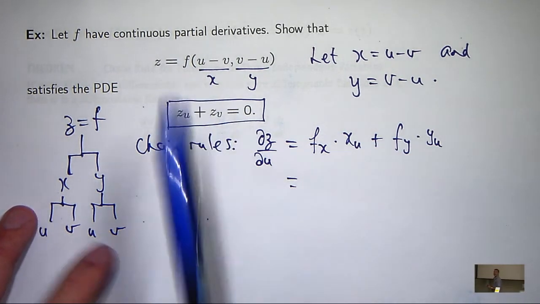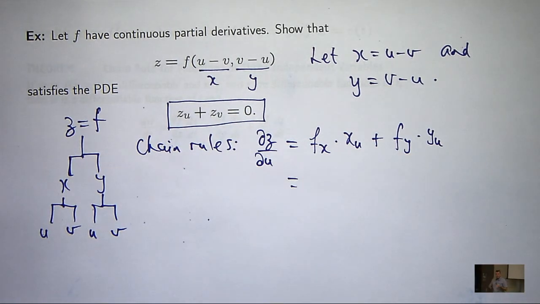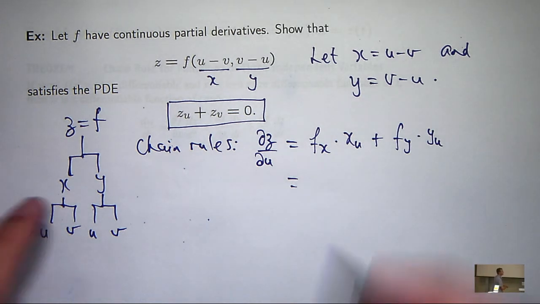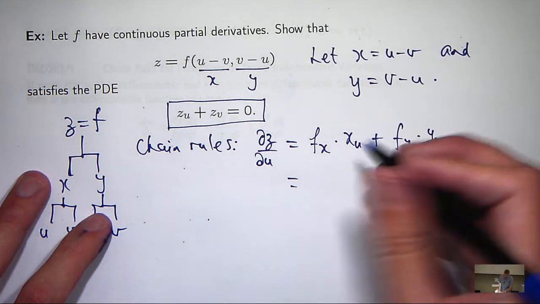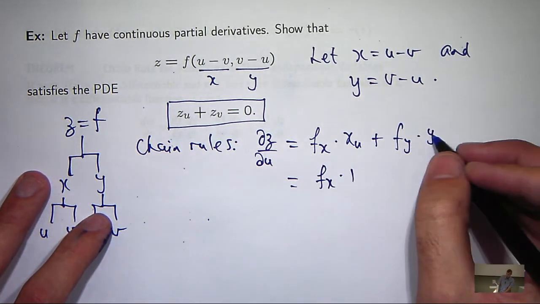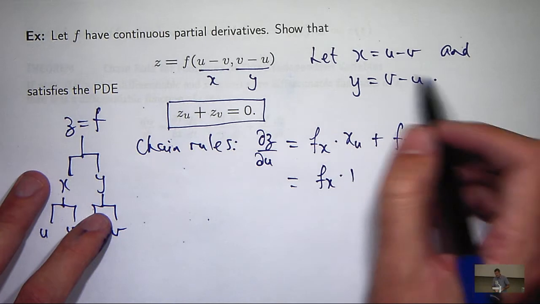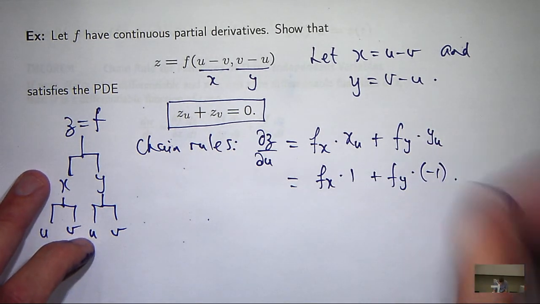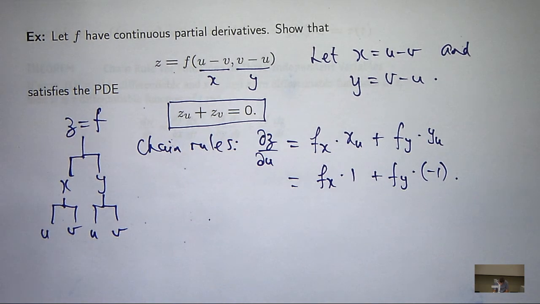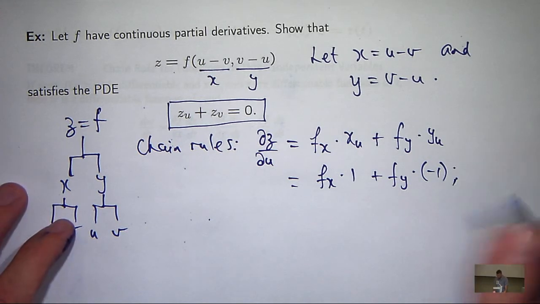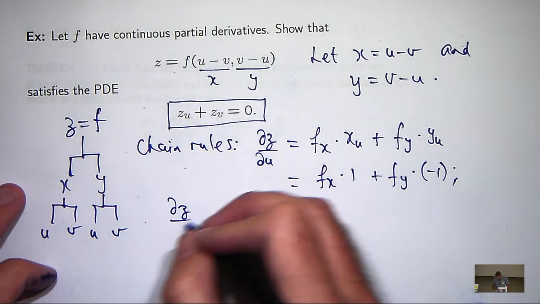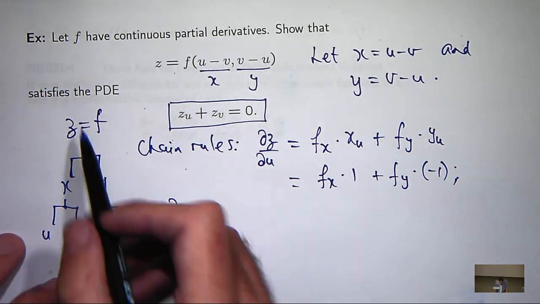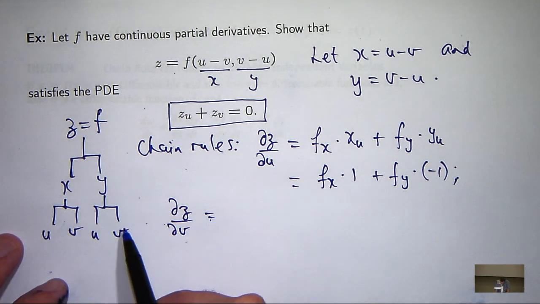What about the other chain rule? dz dv. Well, let's work our way down through the branches to v's. So let's see if I can simplify here. x sub v is going to be minus 1. y sub v is going to be 1.